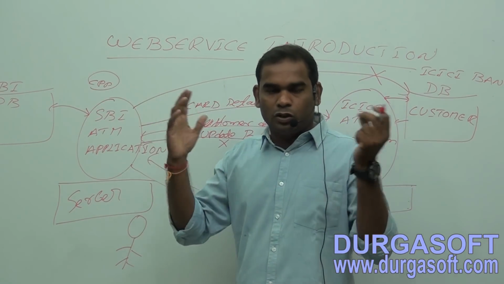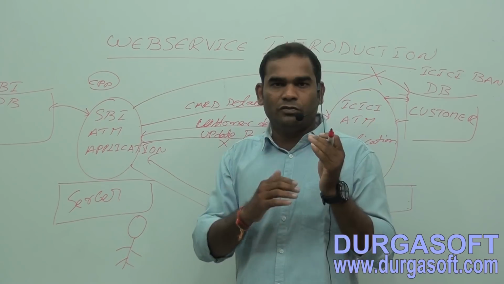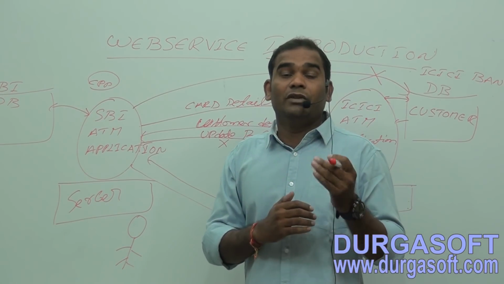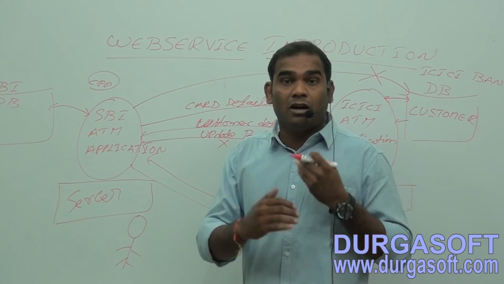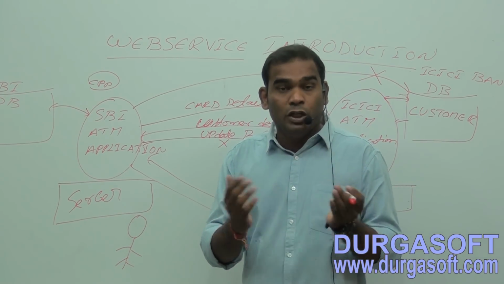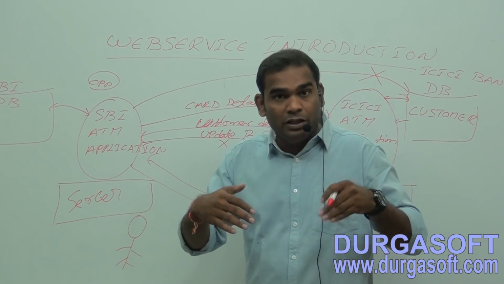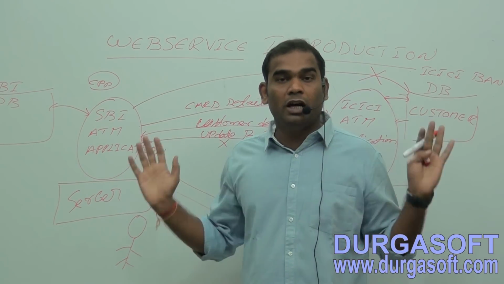How these two applications share information is called web service architecture. In the next video, we will discuss the web service architecture, so that we can understand what happens internally to share the information between these two applications here.